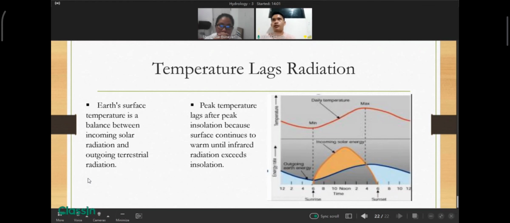At yung Earth energy balance is sa mga na-study at na-research namin is ngayon is nagbabago na siya. So, nahirapan na yung Earth na i-balance yung energy na nare-receive from the sun na papunta sa Earth. Dahil sa yung unstable na yung temperature or yung weather dahil sa mga pollution.